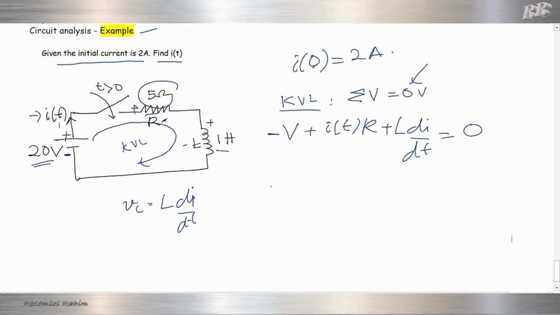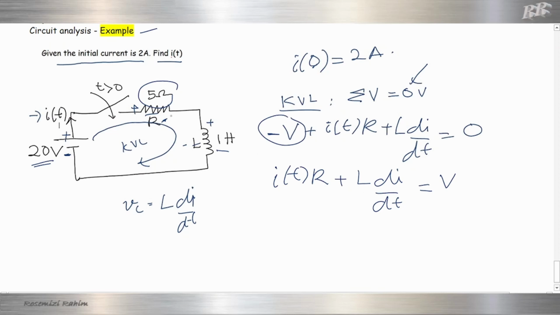Then we can rearrange our equation. It will become i(t) times R plus L di over dt equal to V. We bring V to the right hand side, it becomes positive V.